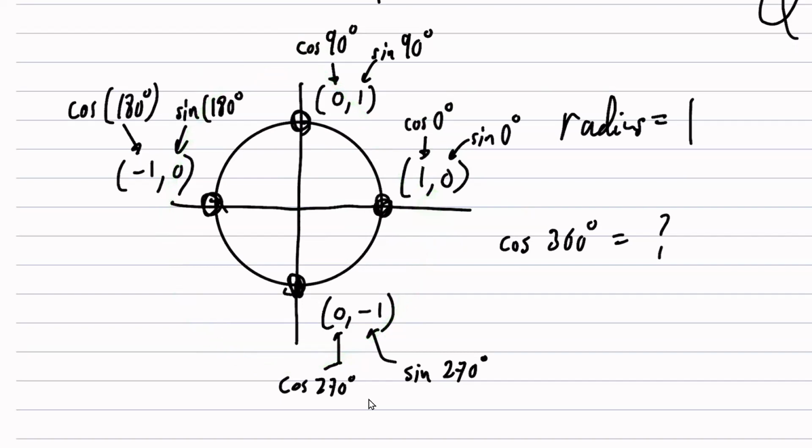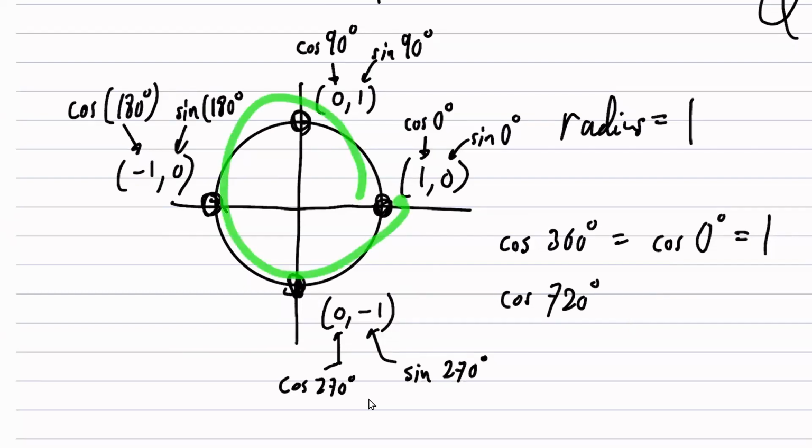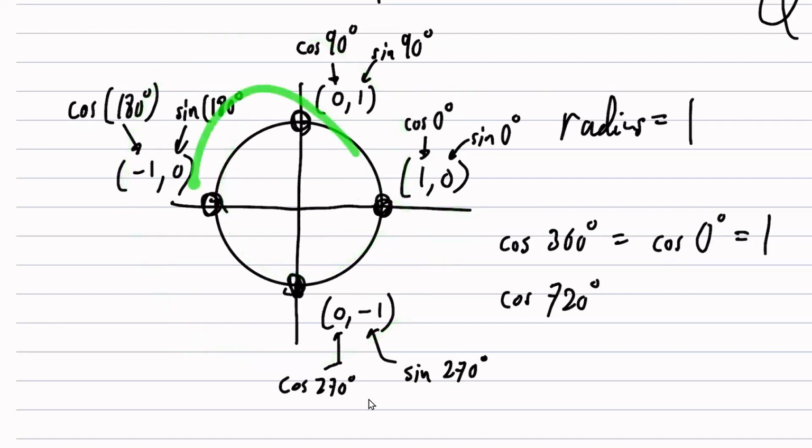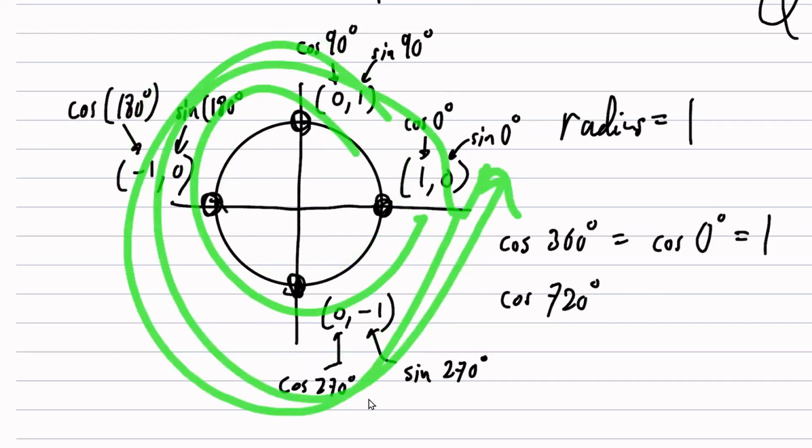Also, that means that this is actually just the same as cosine of 0 degrees, which is 1. How about, let's say I want now cosine of 720 degrees. It'll still be 1 because 720 is 360, and you make another round. Then what you realize is that you just need to keep on adding angles, then you can get the same result.